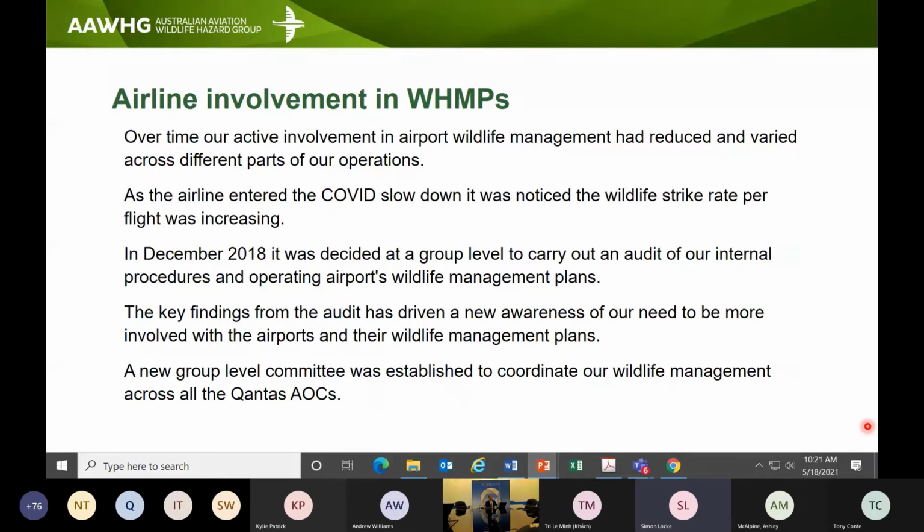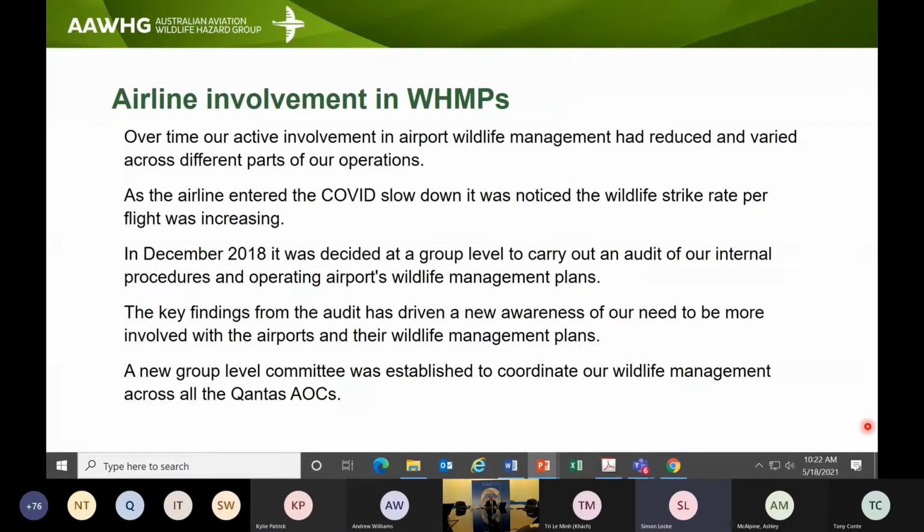So over time, we haven't been as active in airport wildlife management, and that has greatly reduced over the last couple of years. As part of the COVID slowdown, even though we still had a limited flying network operating, we actually noticed an increase in strike rate per flight. And up until that point, we followed the mandatory reporting for near misses and wildlife strikes.